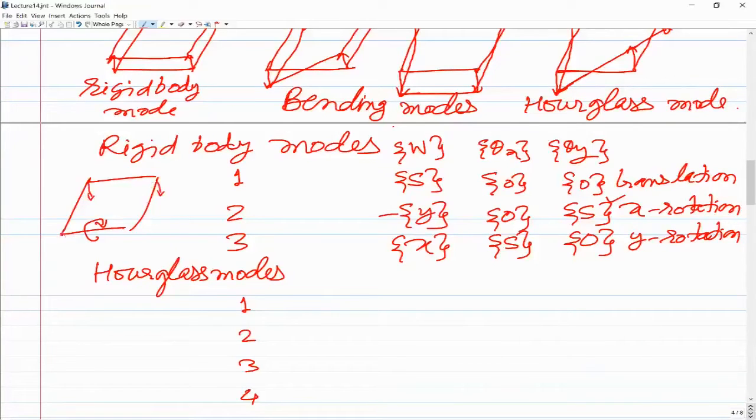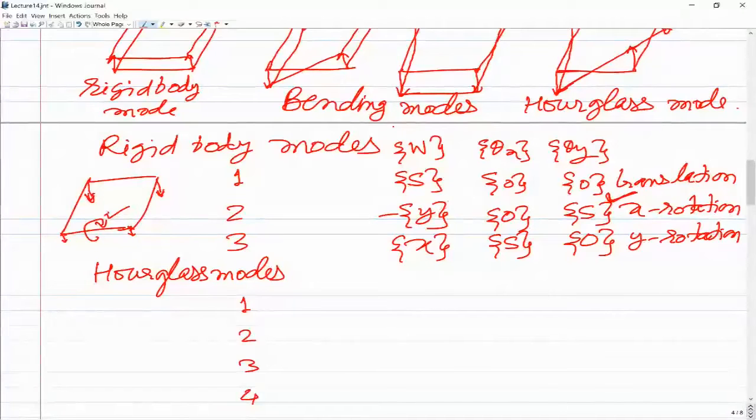And if the y coordinate is 0 here, then this displacement would be 0. Because of this rotation, this s, the w displacement would be in the downward direction and would be equal to rotation into y. Since the rotation s is unity, the displacement would simply be y.